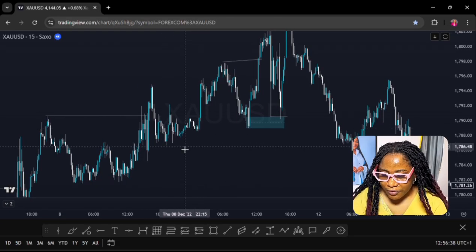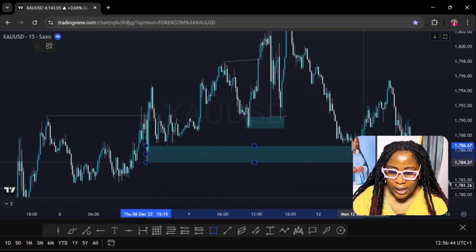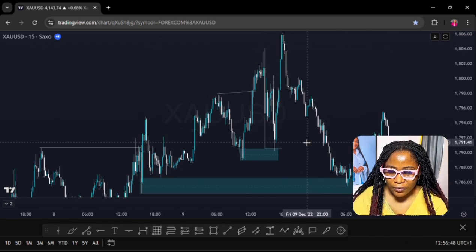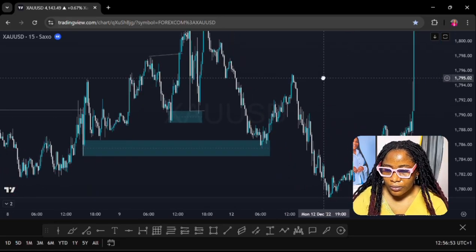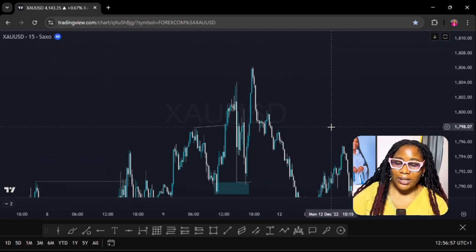So I would have rather they take all that liquidity, then come here. I would have taken this buy. But we've already had a change of character, so it should be a sell that we're looking for, not a buy. So that's it.